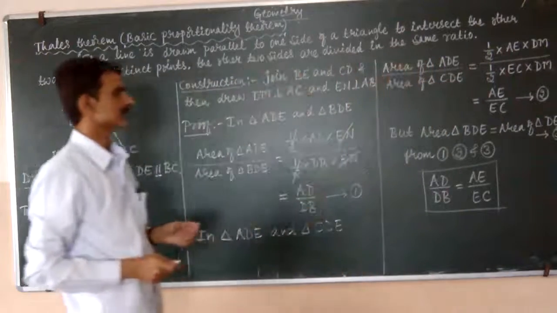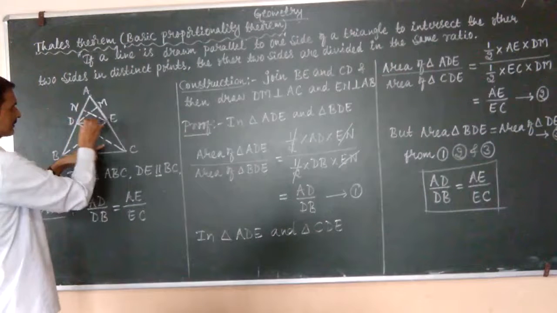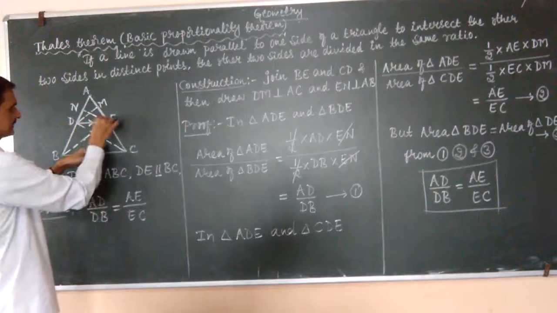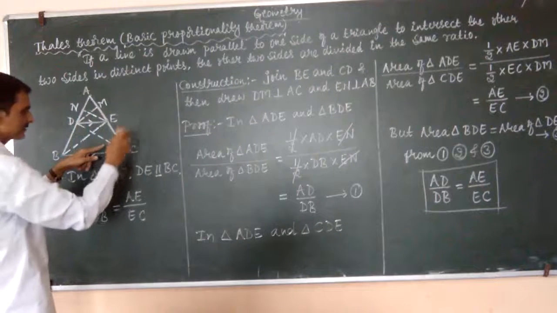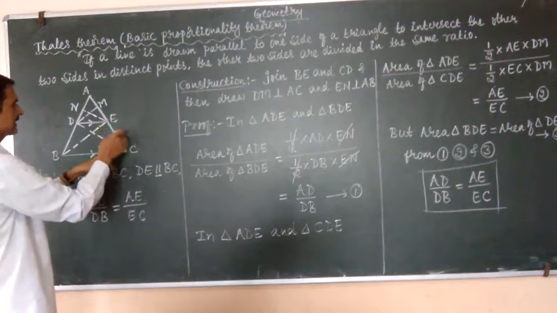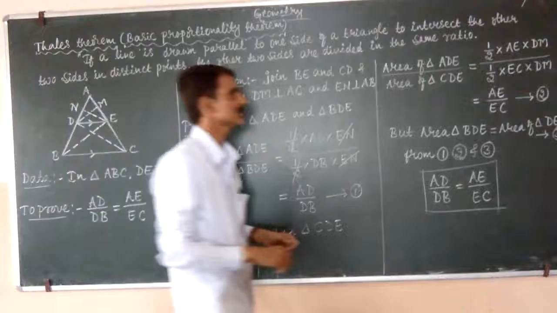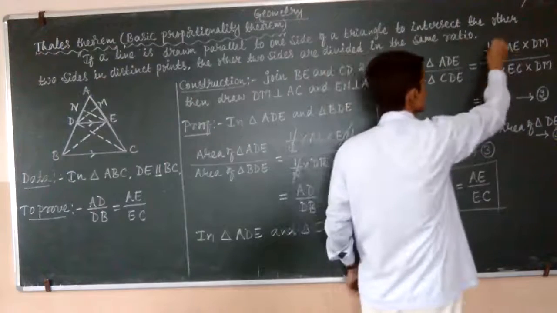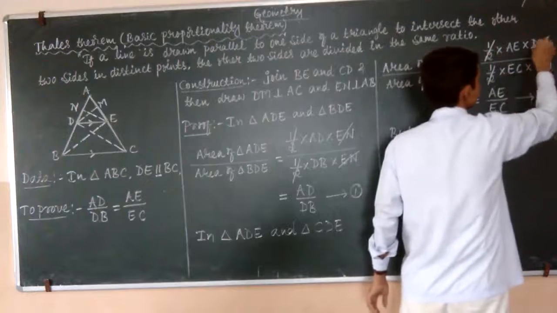Now we will write the area of triangle CDE. Area of triangle CDE equals again half into base. Base is EC and the height is DM. If you simplify the right side, half will cancel.